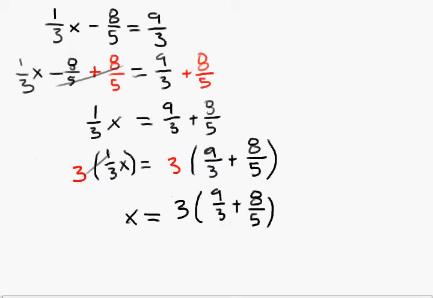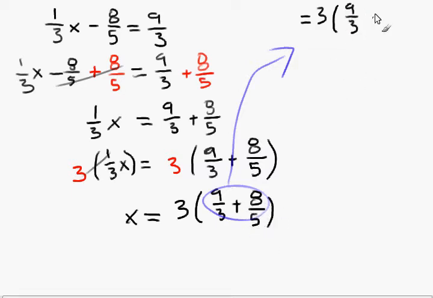But I'm not too happy with that. I want to simplify it. So this is 3 times 9/3. This has a denominator of 5, so I'm going to multiply top and bottom by 5. Likewise, 8/5, I'm going to multiply top and bottom by 3.